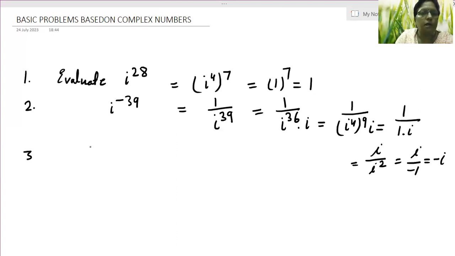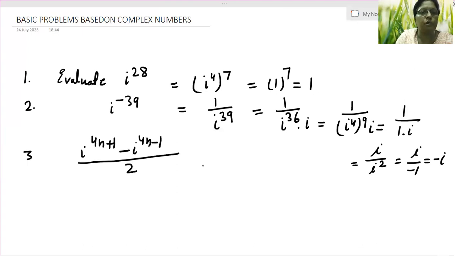Suppose I have to solve i raised to the power 4n plus 1 minus i raised to the power 4n minus 1, upon 2. Find the value of this.